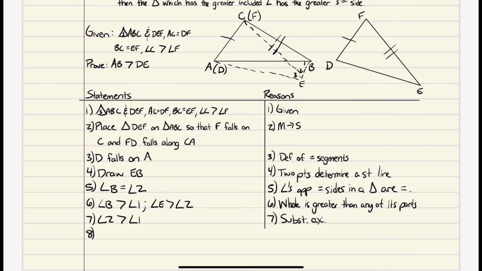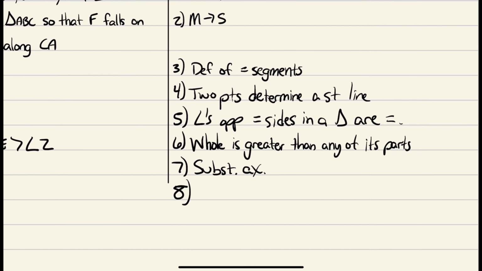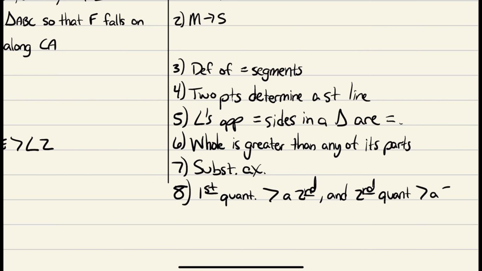Number 8, because, and I'm going to really abbreviate it, but I'll talk us through it: if the first quantity is greater than a second quantity, and the second quantity is greater than a third quantity, then the first is greater than the third.